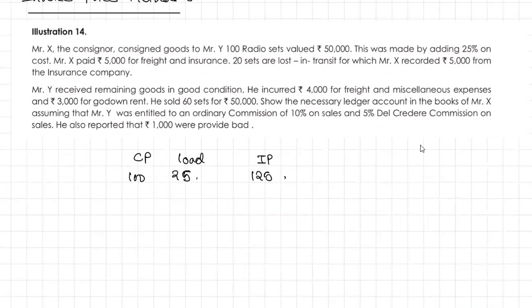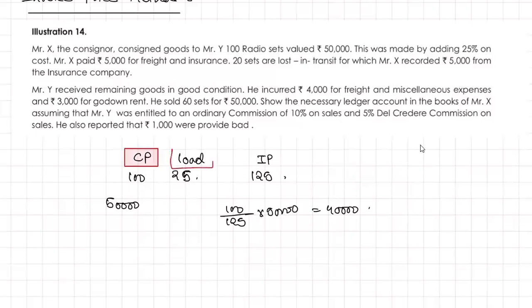Now if my invoice price is 50,000, as given in the question, what will my cost price be? 100 divided by 125 into 50,000, which gives 40,000. Is this much clear? Sanjana, it's clear, right? Yes, sir.